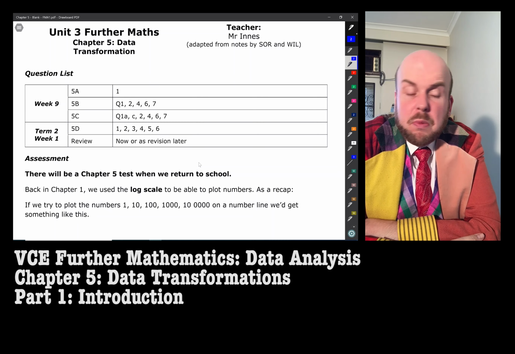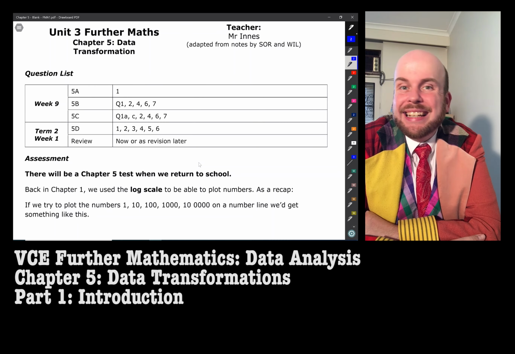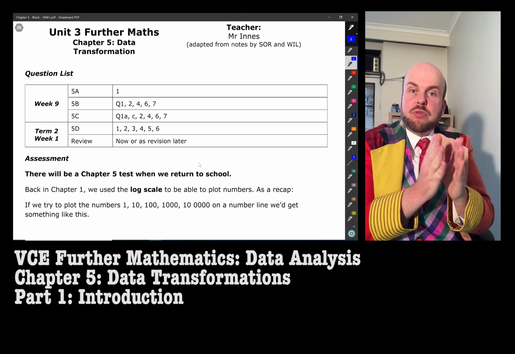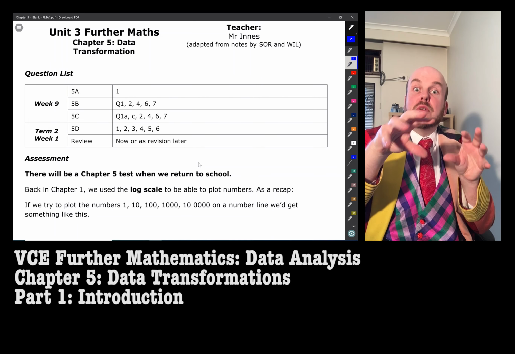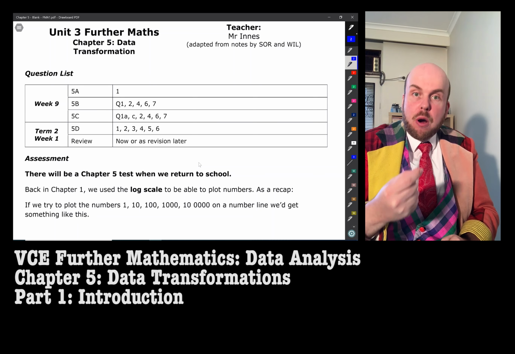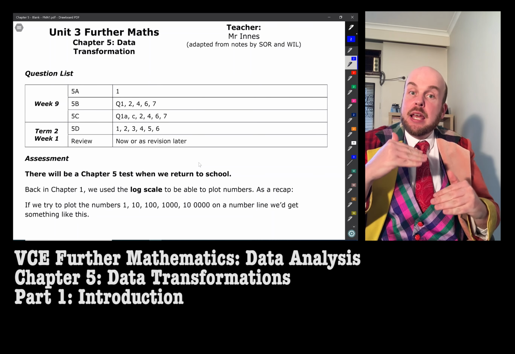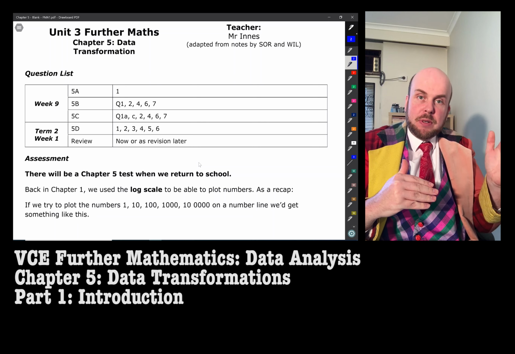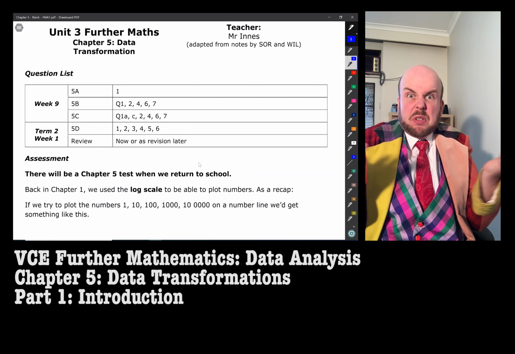Why do we want to do it? Well, what we established earlier in the linear regression topic was that the straighter all of the dots are, or the closer they are to a line, the stronger the correlation is between the explanatory variable and the response variable. And what's the point of all of that?